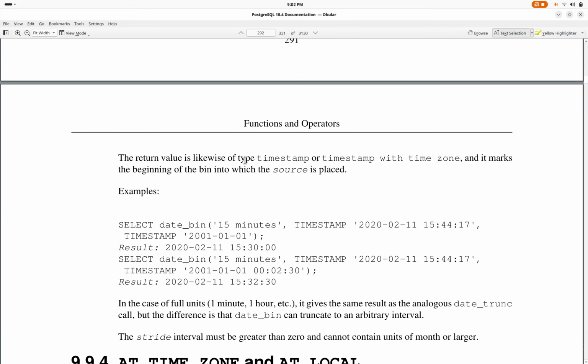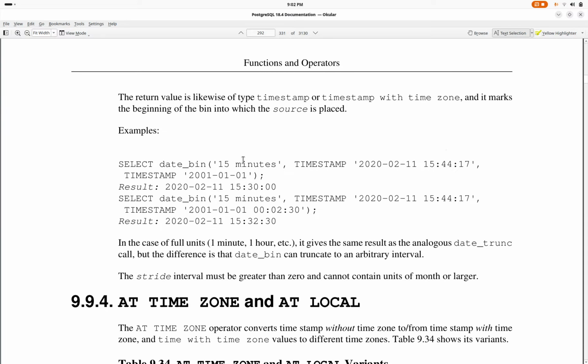The return value is likewise of type timestamp with time zone, and it marks the beginning of the bin into which the source is placed. So here we have the stride as 15 minutes, and this is our source timestamp.